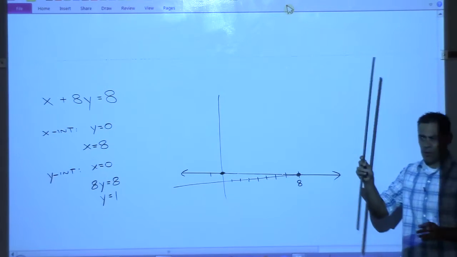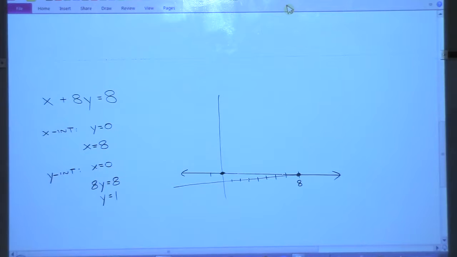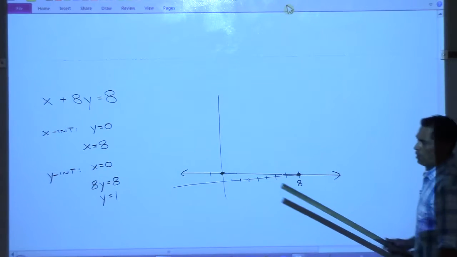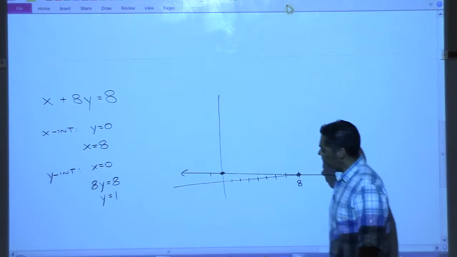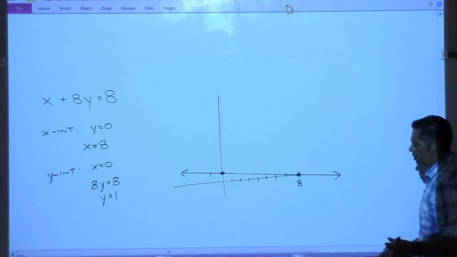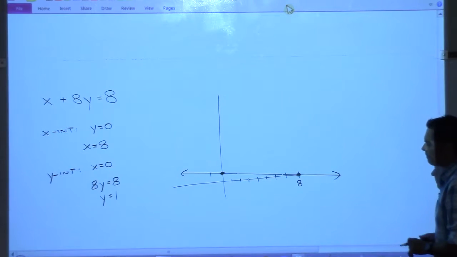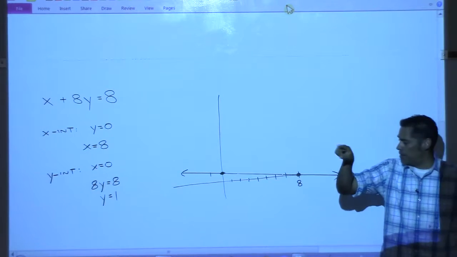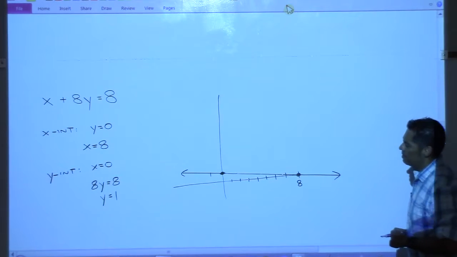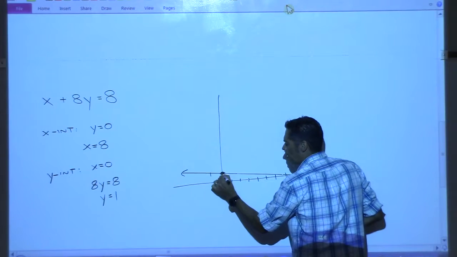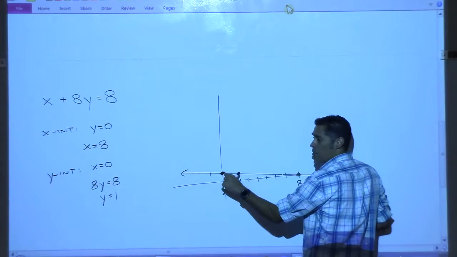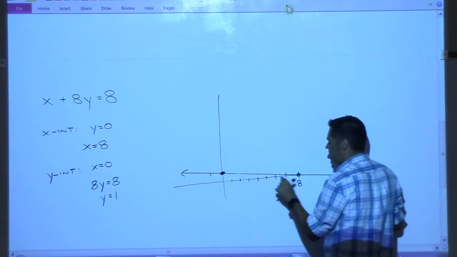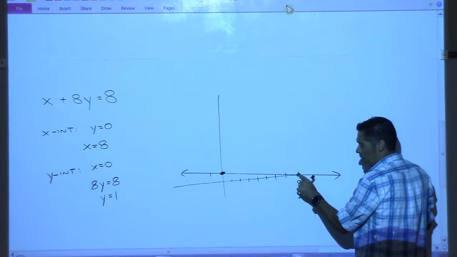And then we also did vertical lines and horizontal lines. Today we're going to take a different approach to graphing lines. But to get to that approach, I want us to notice something on this line. Remember, this line really consists of a bunch of points, right? That's really what it is. So let's say I knew this point was on the line, and I wanted to get to this point, which is also on the line.